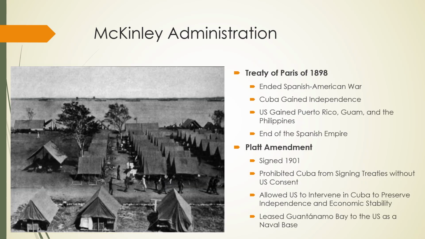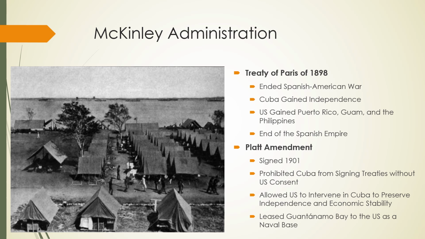All right, so the war ends with the Treaty of Paris. A very short discussion of a war here, but it is a short war. So Treaty of Paris of 1898 ends the Spanish-American War. Cuba gets its independence as promised. We do not take Cuba, but we get other colonies. So we don't get Cuba, but we do get Puerto Rico, Guam, and the Philippines.